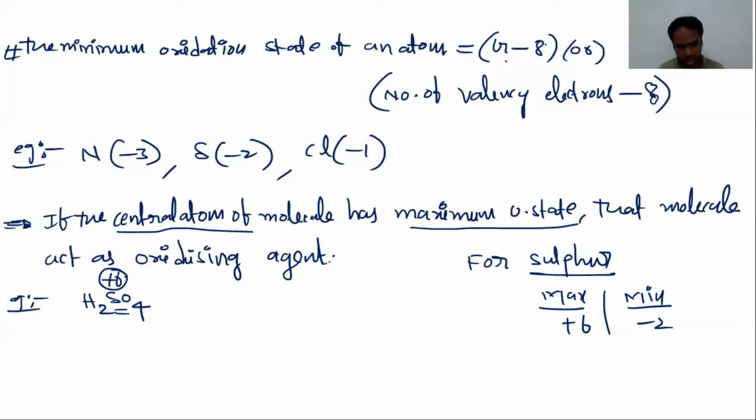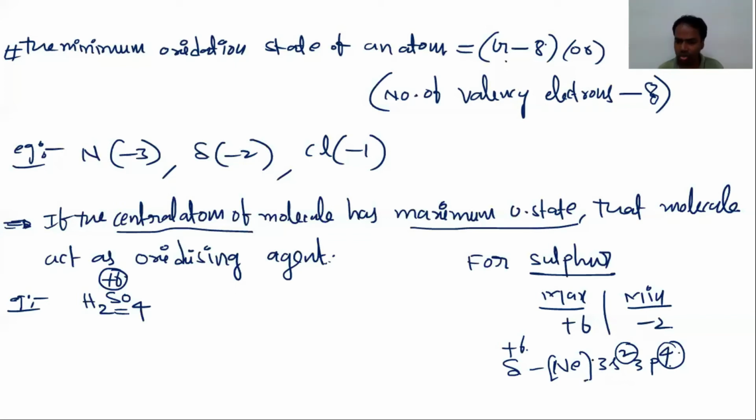During formation of sulfuric acid, sulfur has already lost 6 electrons. You know the sulfur electronic configuration is neon 3s2 3p4. So +6 means sulfur loses these 2 electrons and these 4 electrons. After losing these 6 electrons, sulfur gets the neon configuration, which is highly stable.